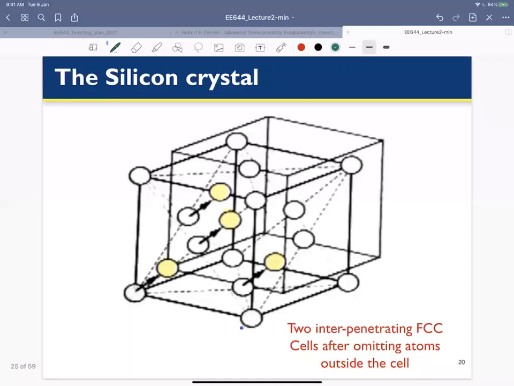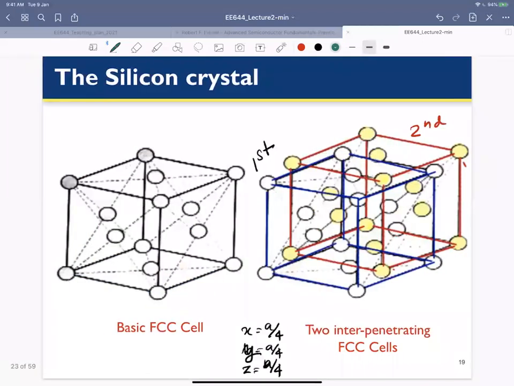And so how do you construct the silicon crystal? You place these two lattices shifted by a by 4, a by 4, a by 4. Then remove the atoms which are outside of the first cell, right?